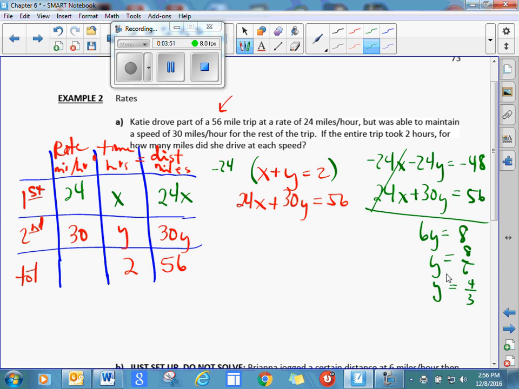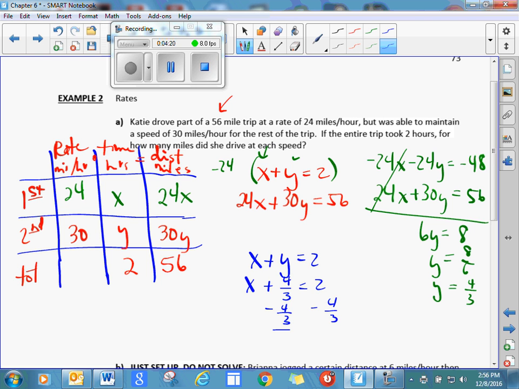Now remember what y is. Y is time, and time is in hours. So this is 4/3 of an hour, and we'll come back and put that in hours and minutes in a second. So we've got y. We need to go find out what x is. So if we come back to the x plus y equals 2 equation, and we plug in 4/3 for y and solve for x, that'll go pretty quickly.